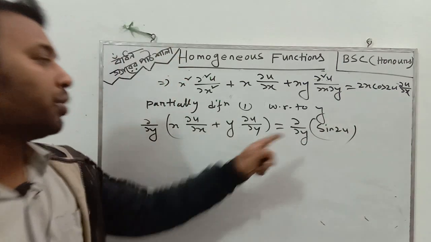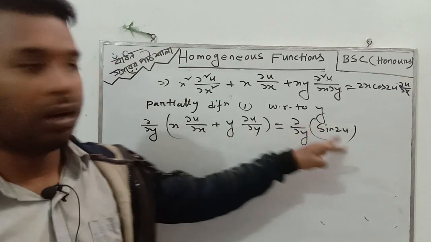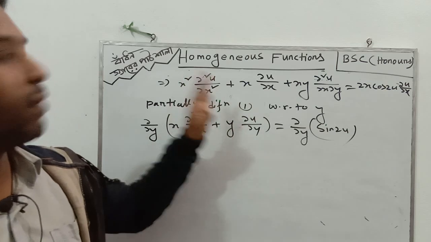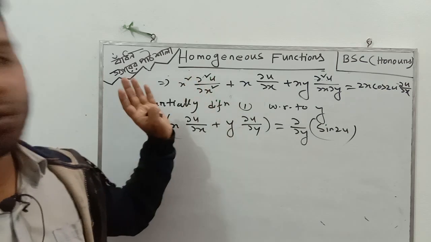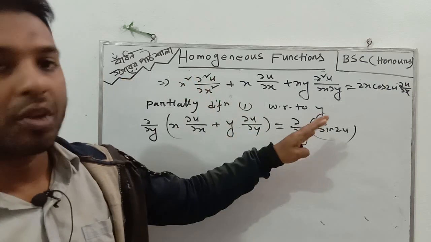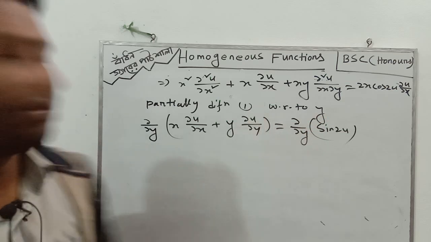We have already proved equation number 1, and at first we differentiated partially with respect to x, and next we have to differentiate partially with respect to y.